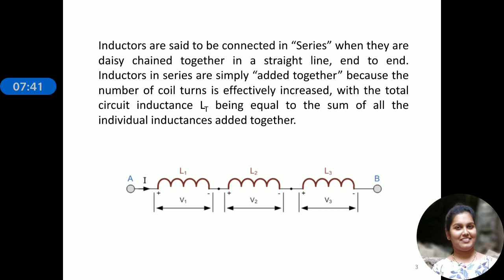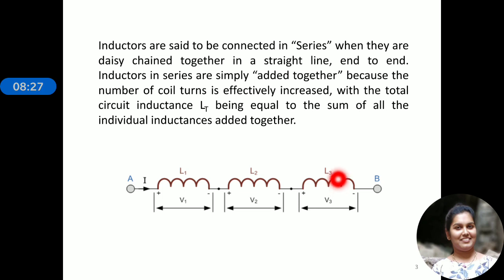For example, if the current through the inductor L1 is IL1, through inductor L2 is IL2, and through inductor L3 is IL3, then as there is only a single path through all the inductors, we can write IL1 is equal to IL2 is equal to IL3, or simply IAB, the current between the A and B terminals.